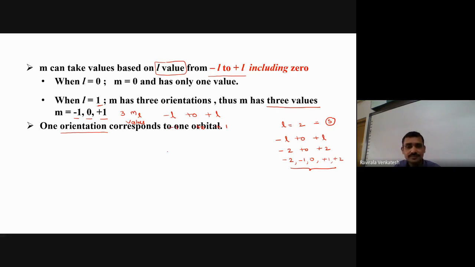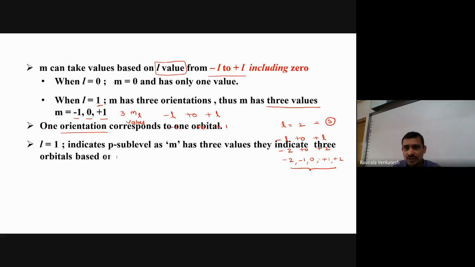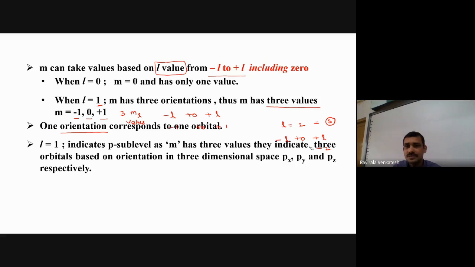That we see now. If l is equal to 1, which orbital is that? The p orbital, p subshell it is. m will have 3 values.